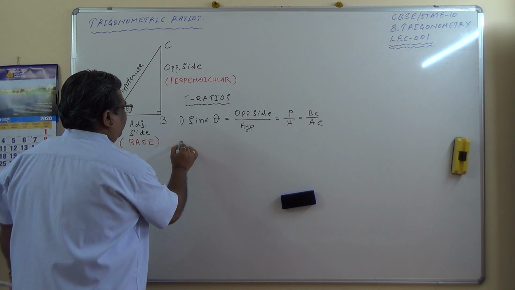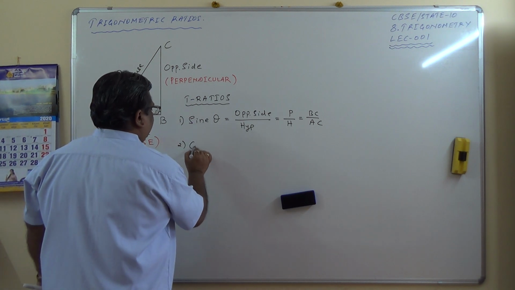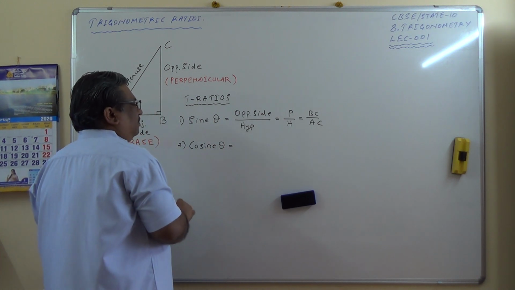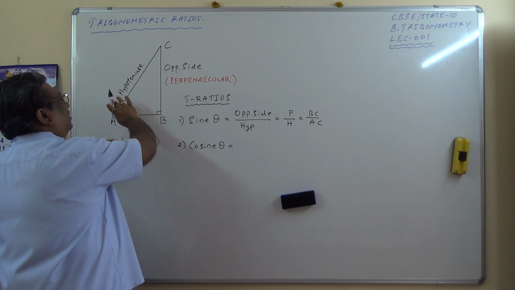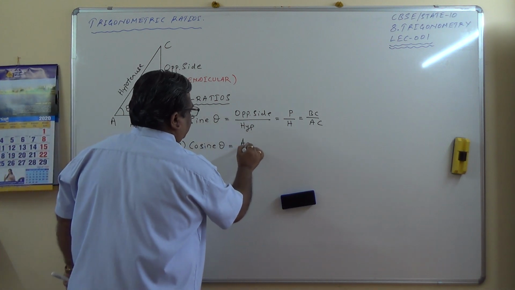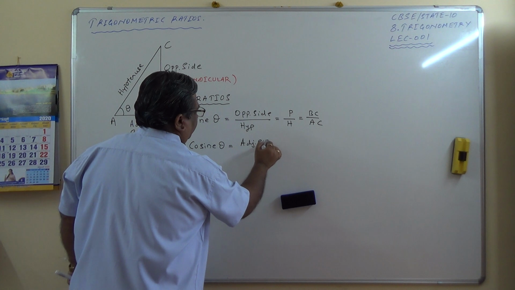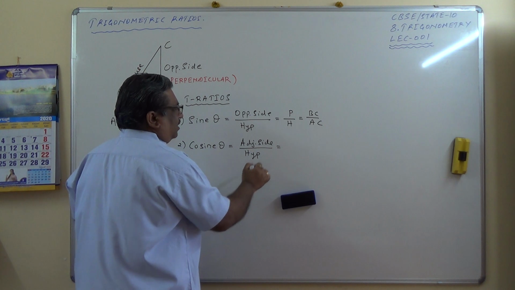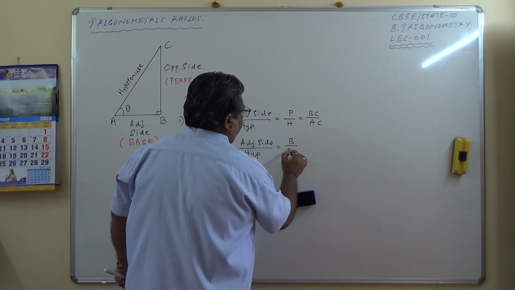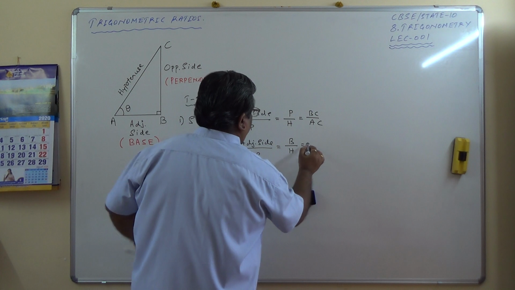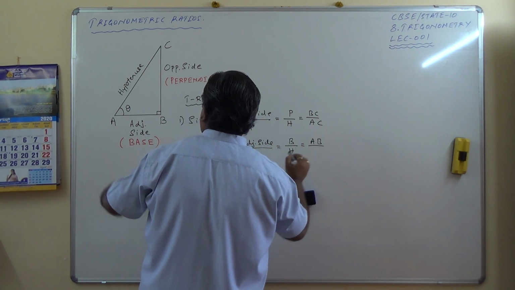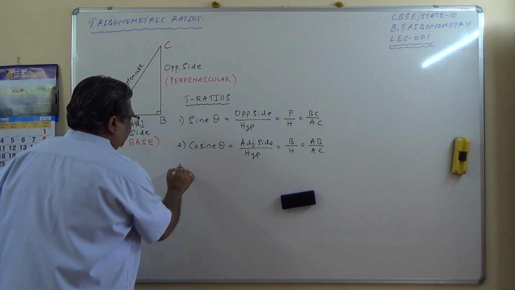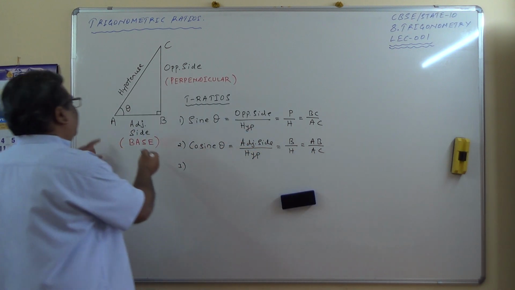Second trigonometric ratio. Cosine theta equals adjacent side by hypotenuse, which is also the base by hypotenuse, which equals AB by AC. Third one, tangent theta.